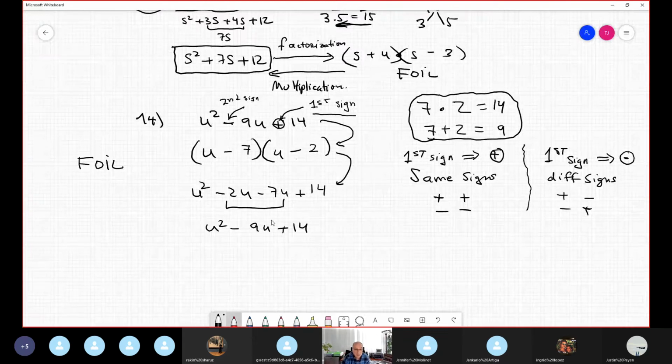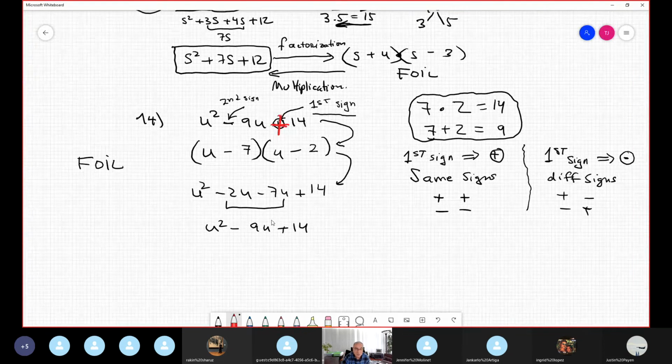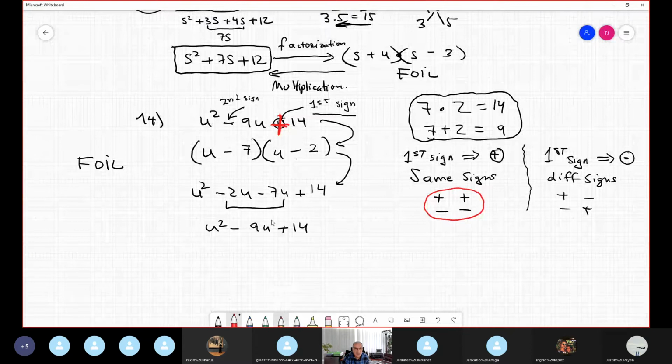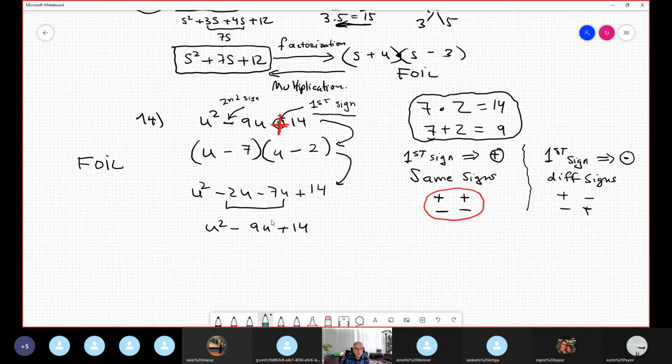This is my first sign, it's plus. When this sign is plus, that means we have the same sign, not different. And the second sign is minus. That means if it's the same, both are negative.